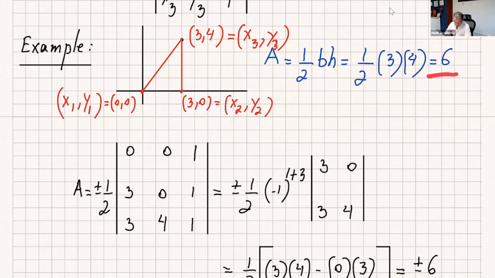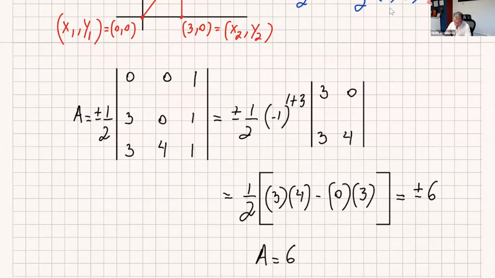Now let's use the formula. It's negative 1/2. So again, x1, y1 are 0, 0, x2, y2 are 3, 0, and x3, y3 are 3, 4. I expanded this along the first row because it was faster.